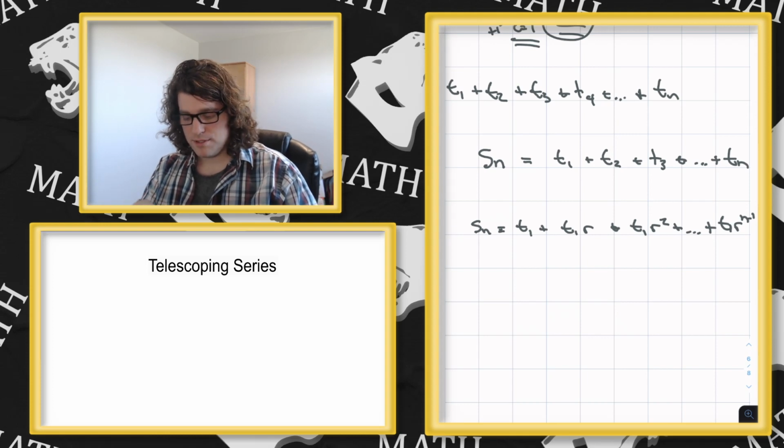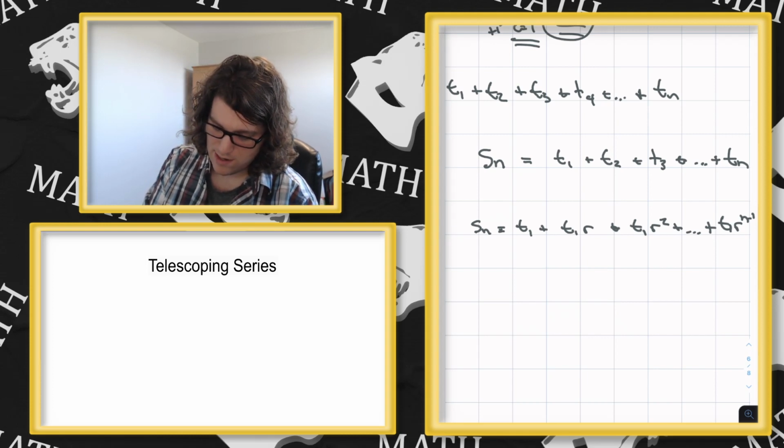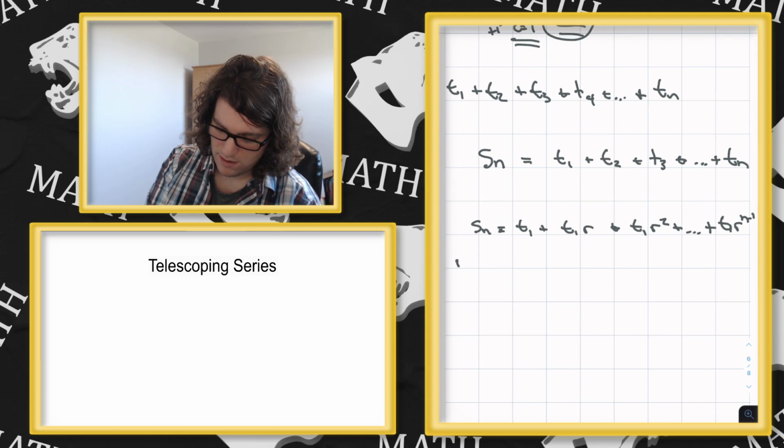So instead of writing that exact same equation that I have on the line above, I'm going to take it and multiply it by r. I guess I should keep it on the same side. So this is Sn times r.